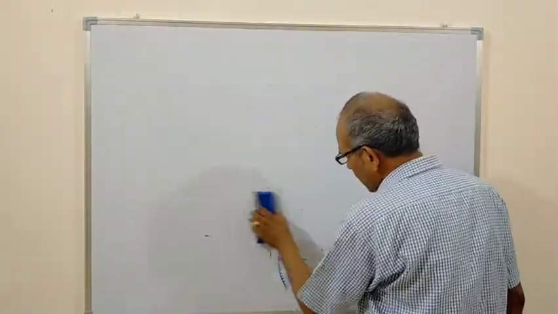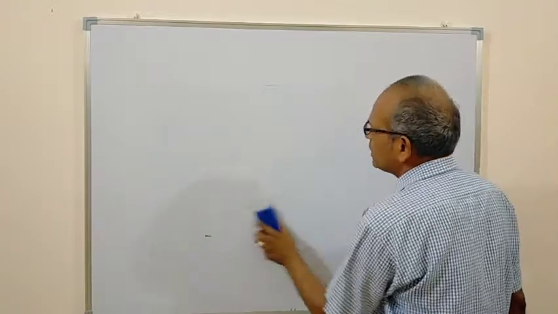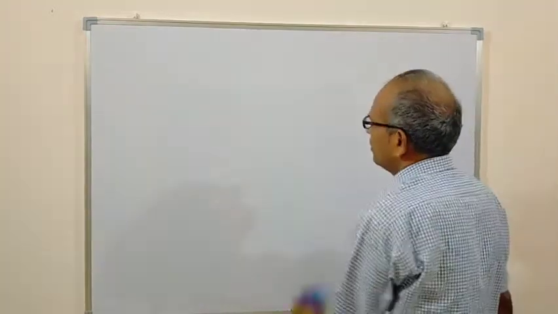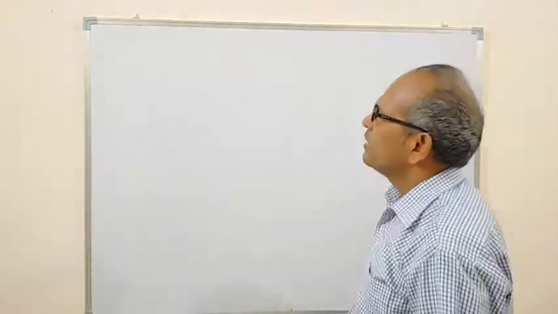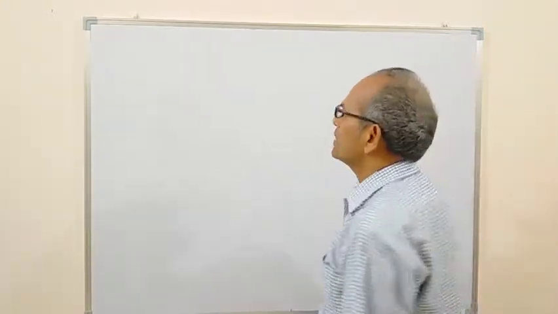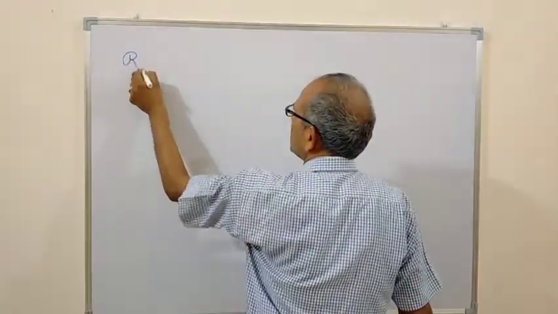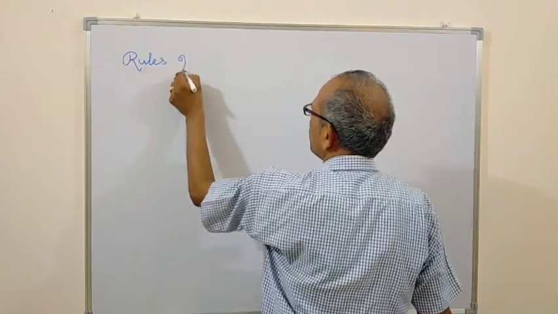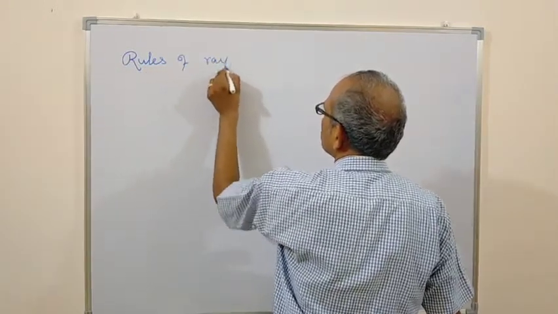That is, if a ray of light is incident on the convex and concave mirror, then what will be its path? So first thing, I am going to write rules of ray diagram.